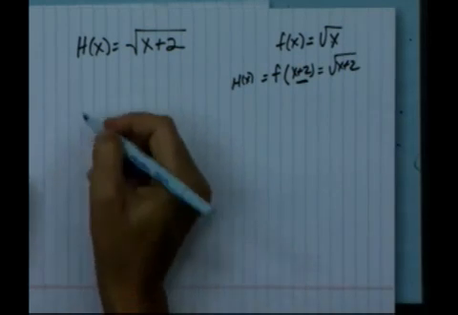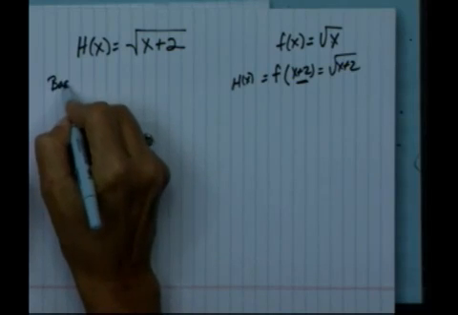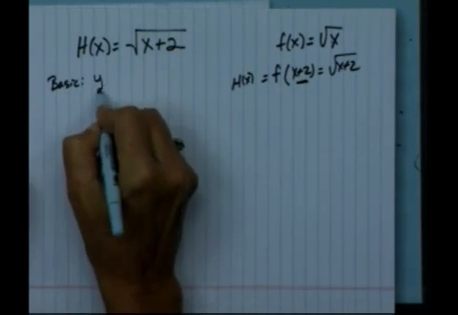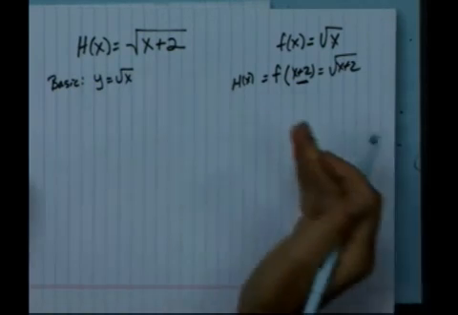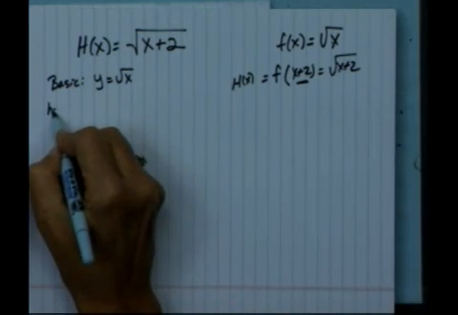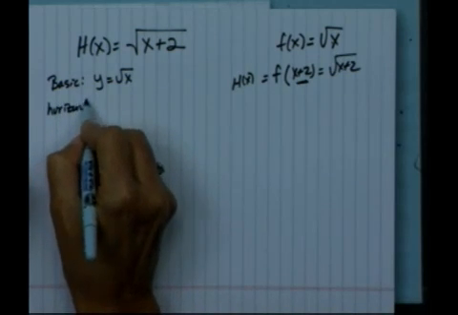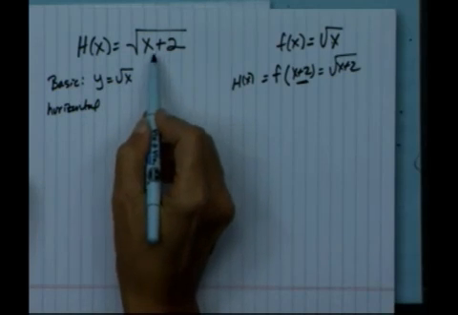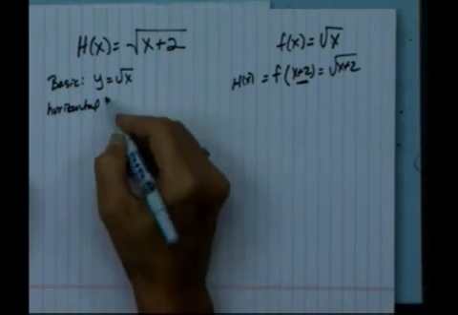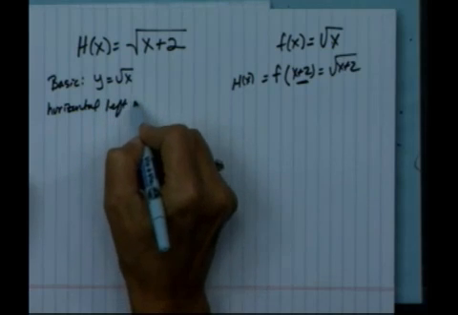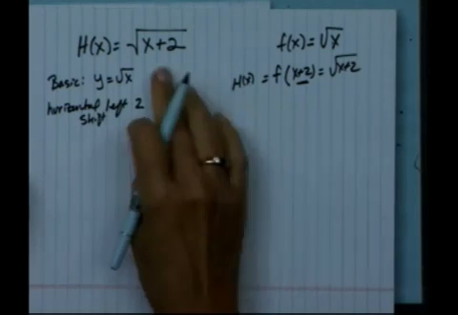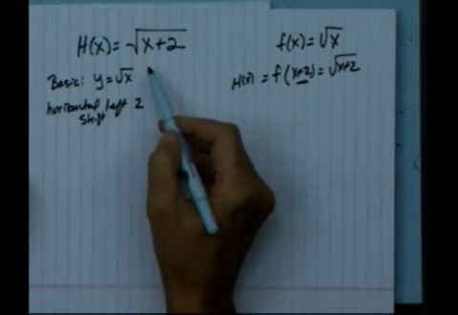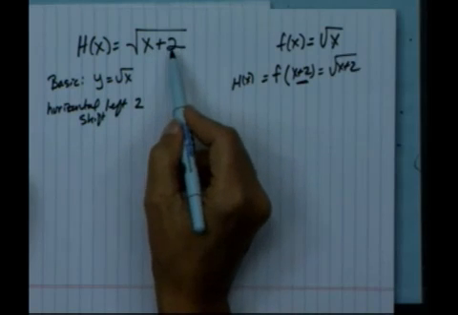All right, so we would say our basic function is y equals square root of x. What's our shift? It's horizontal. And which way are we going? Horizontal, left, 2. It's a horizontal shift of left 2. A negative 2 in for x is going to make that equal to 0.